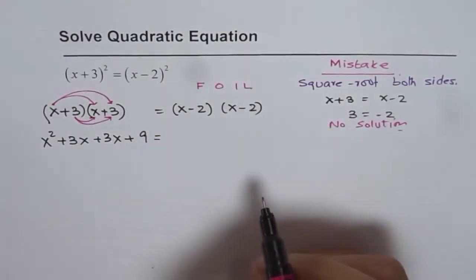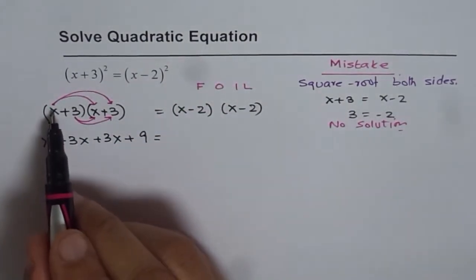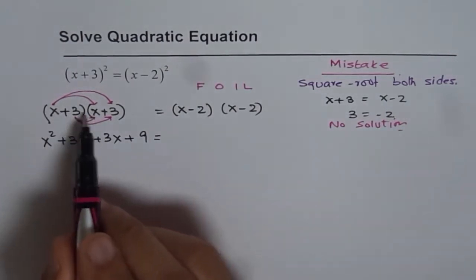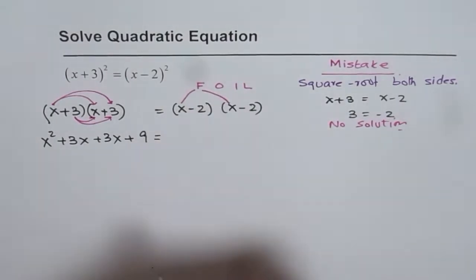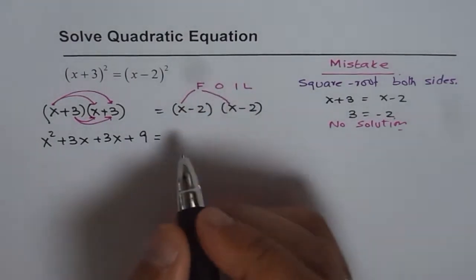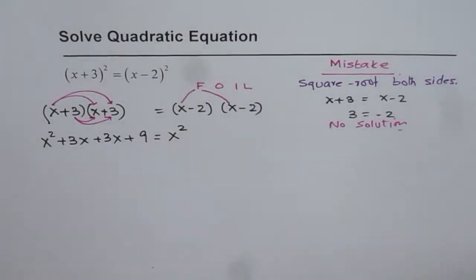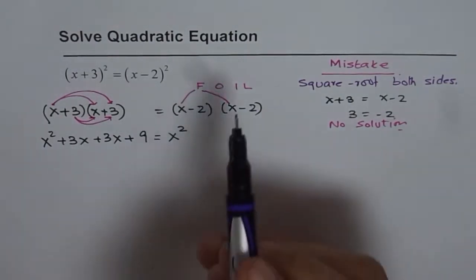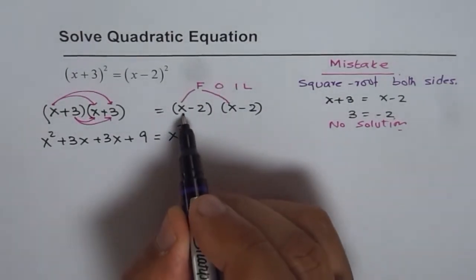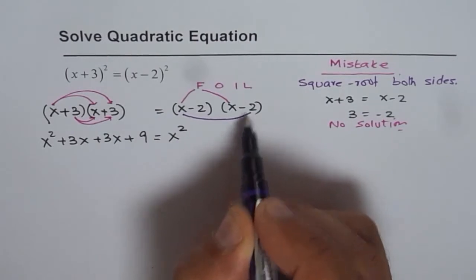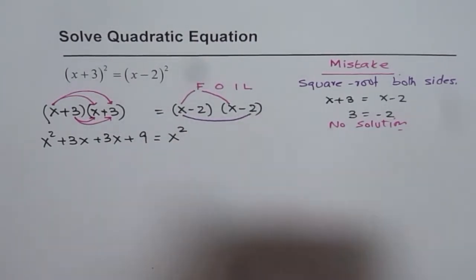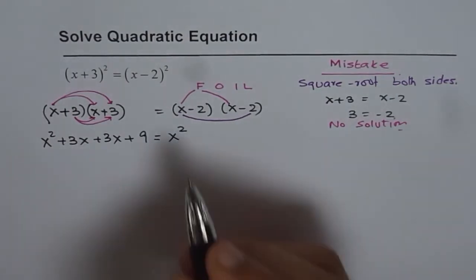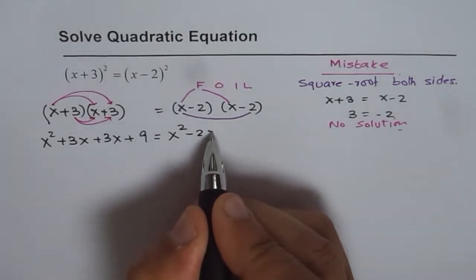And here also we'll do the same thing, but sometimes we call this the FOIL method, F-O-I-L, right? First, when you're multiplying, these are the first terms, and we get x². Then outside terms. Do you see these outside terms? This is outside of the first term, that's outside of the other term, and that gives you minus 2x.